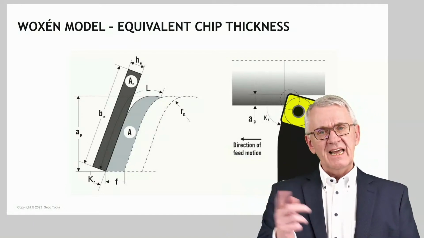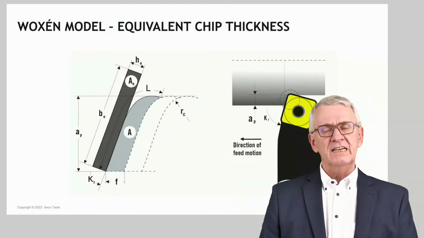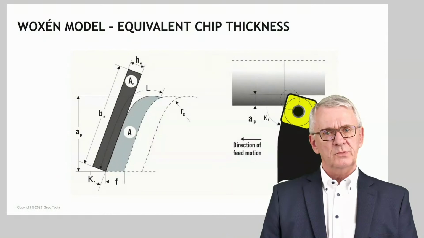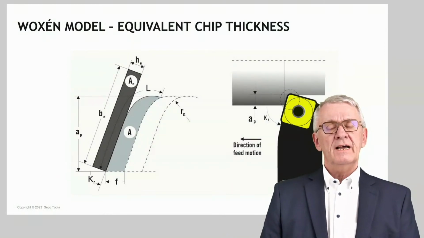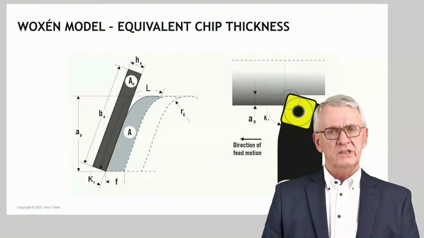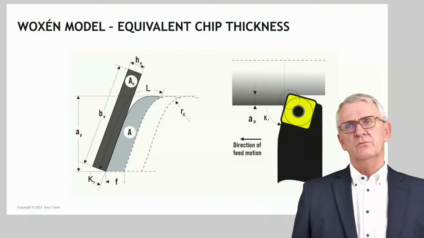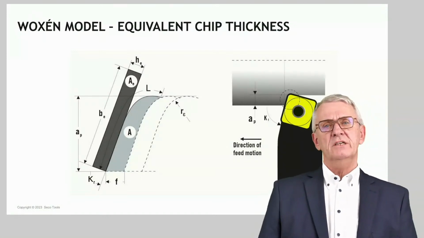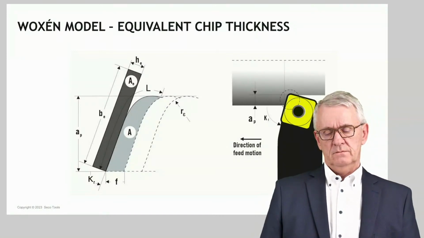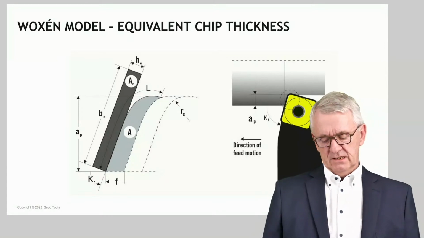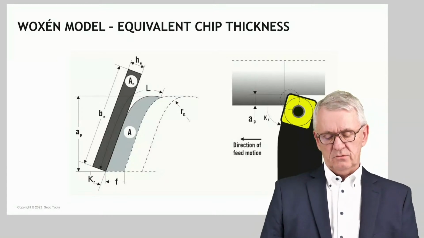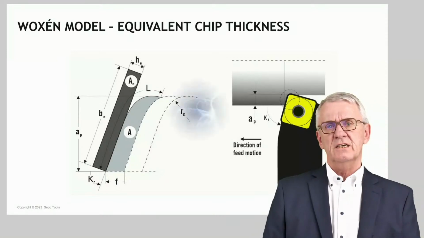So the same length of the cutting edge, point included, is in contact with workpiece material. I give it the same surface, so it represents the same load on average over the cutting edge, but I give it a rectangular shape. And the thickness of such a theoretical chip, Woxén defined as the equivalent chip thickness.